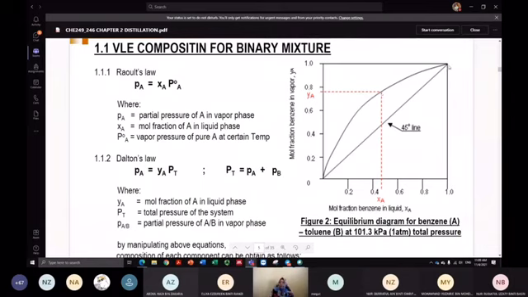Based on that, you can develop your equilibrium curve.